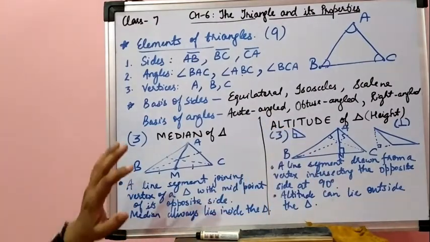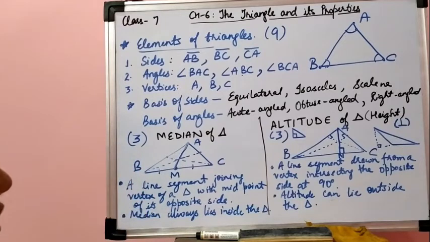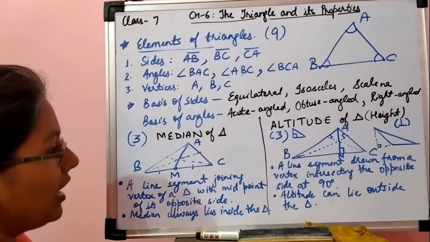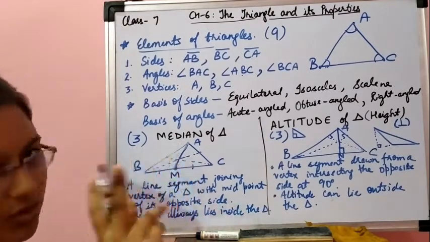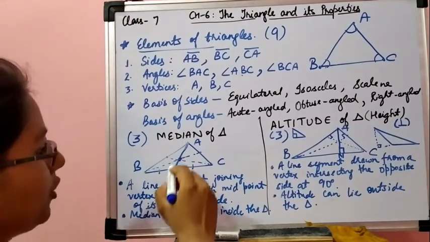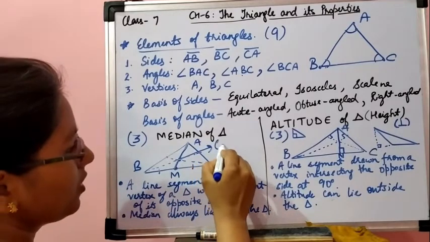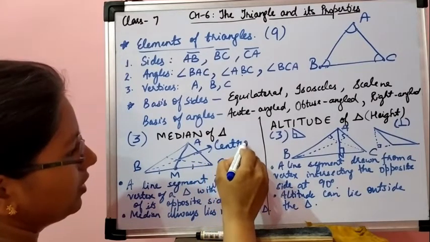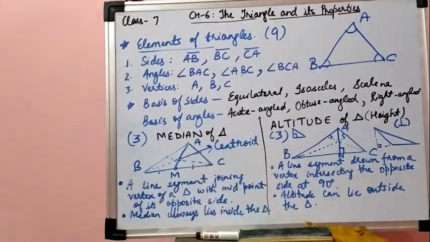ठीक है. And one extra thing I would add to your knowledge, like you can see that a triangle has 3 medians, and the point of intersection of the 3 medians of a triangle is called centroid. क्या कहते हैं इसे हम?